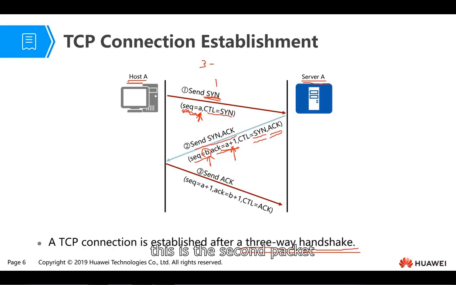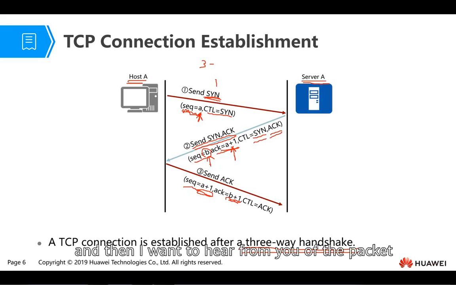This is the second packet, and next the third packet. Beginning with the third packet, host A can send data. The sequence number is A plus 1, that's 2001, and the acknowledgement is B plus 1. That means I have received your packets before B, and I want to hear from you the packet beginning with B plus 1.